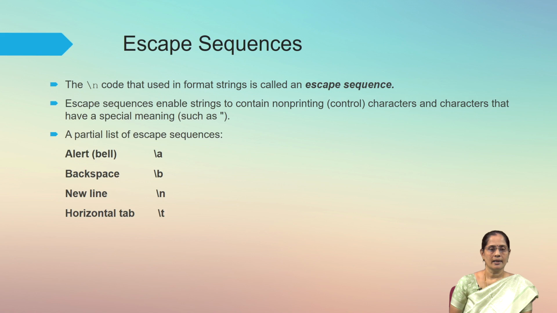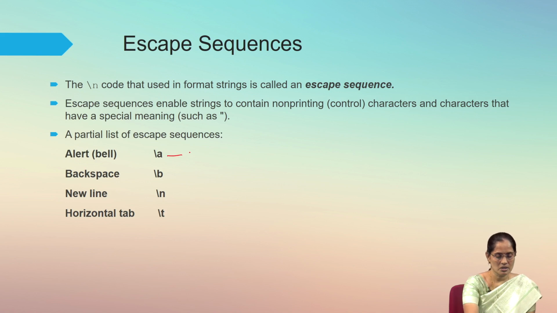Now, there are some escape sequences, which are special characters used for controlling the output, which carry special meanings. For instance, we can get an alert bell if we use the escape sequence \a.